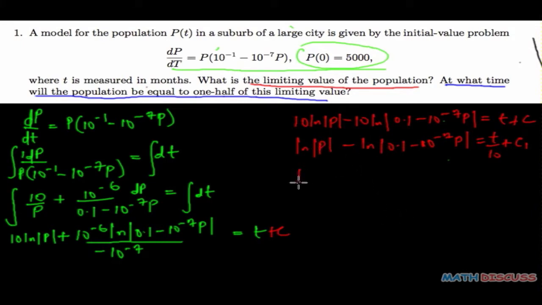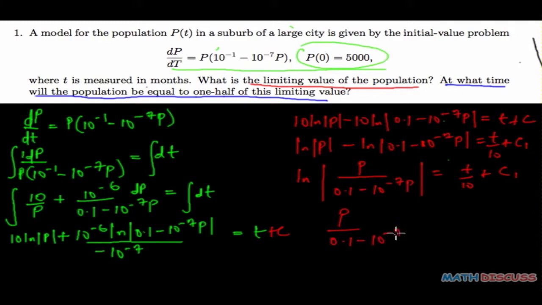Using the laws of logarithms, ln of P divided by (0.1 minus 10 to the power negative 7 P) equals t over 10 plus c1. Simplifying, P over (0.1 minus 10 to the power negative 7 P) equals e to the power t over 10 plus c1, which gives a new constant b times e to the power t over 10.